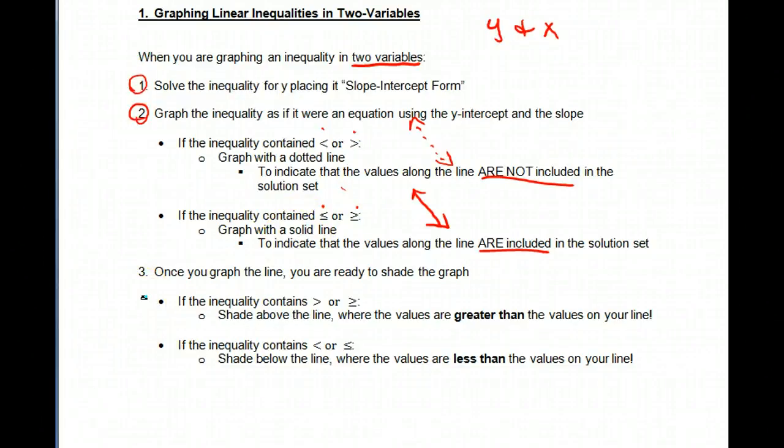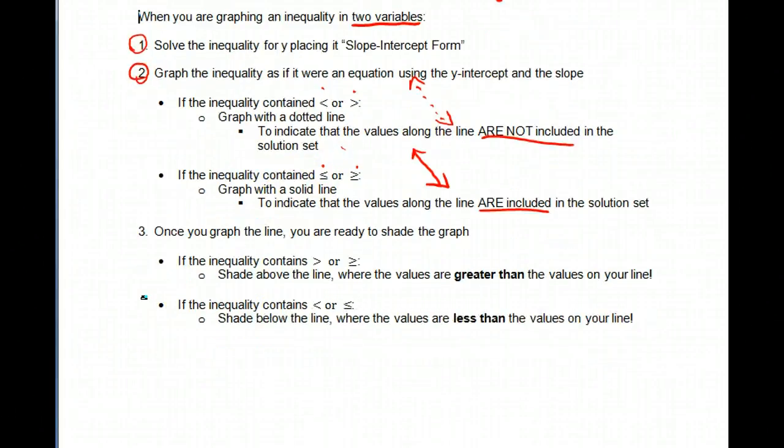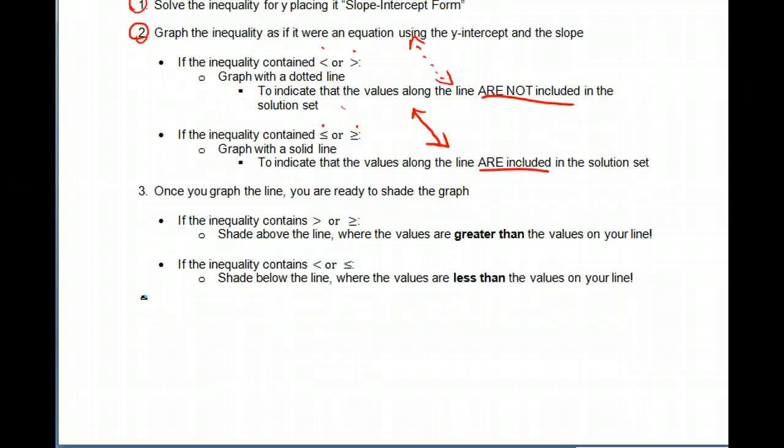Lastly, once you graph the line, you are ready to shade your graph so that you or your viewer can know where the solutions lie with reference to your inequality.